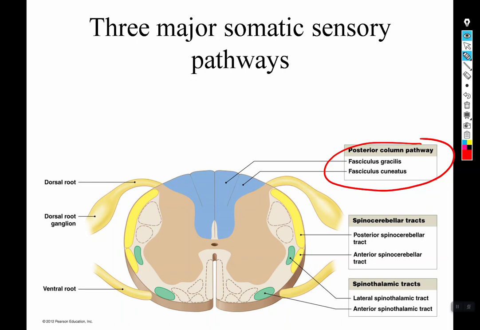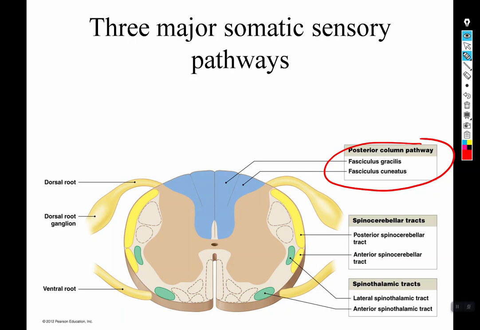Those are referring to which nuclei in various locations those sensory informations will pass through. And then we've got the spinocerebellar tracts, which are going to come from the spinal cord and go to the cerebellum, as their name suggests, and then the spinothalamic tracts, which obviously go from the spinal cord to the thalamus.